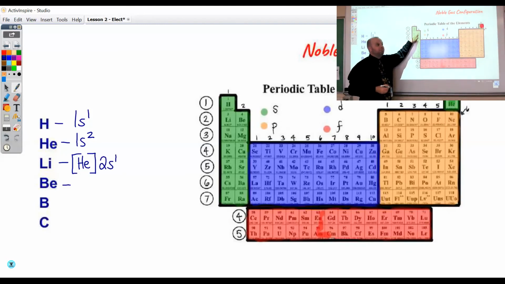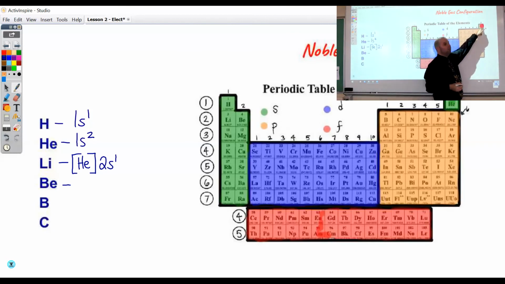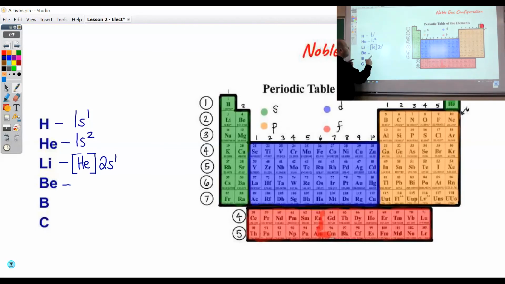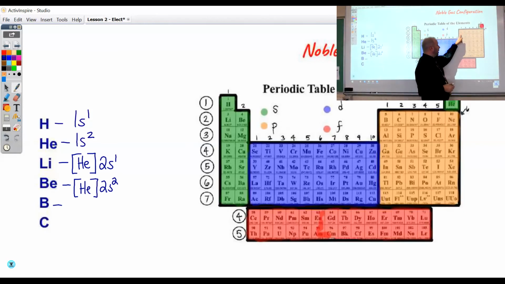When we look at beryllium, we have the same element that was completed, helium. So it's going to look very similar to lithium, but instead it will end as 2s2. Boron. If we look at boron, the last completed noble gas is still helium.